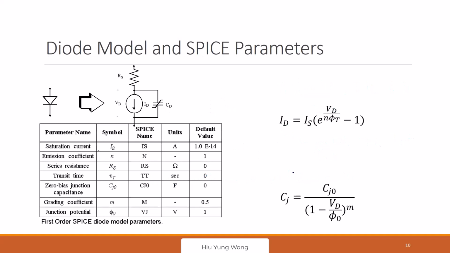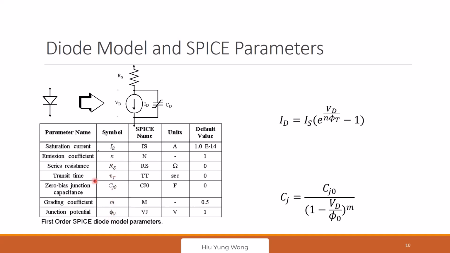Right. So why do I say all these things? They are all relevant, right? This is a diode model, SPICE model, and you do see that these are the equations they implement in SPICE simulation. For the simple one, we talk about IS, the N non-ideality factor, series resistance, junction bias, grading M, junction potential.